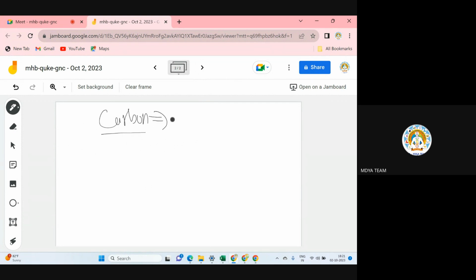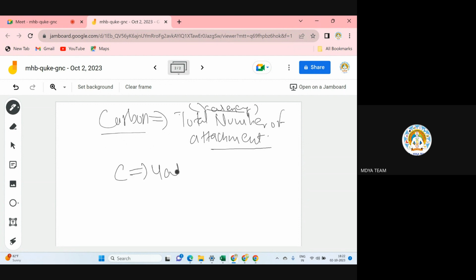Valency means the total number of attachments. Carbon has four valency. A carbon atom can be attached to four atoms, or a carbon atom can have four attachments.